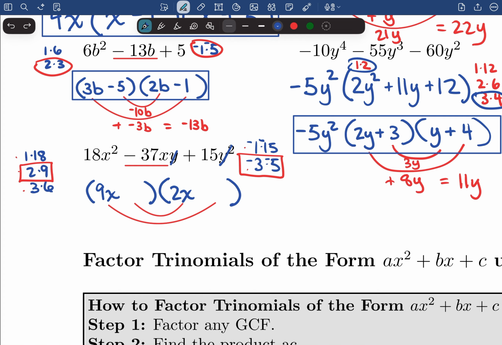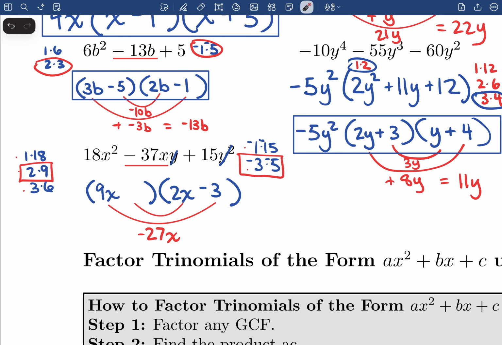So 9 gets multiplied with negative 3 as outer terms, and those outer terms multiply together to make negative 27x. And then we also have 2x, this 2 being multiplied with this negative 5 as inner terms, right?